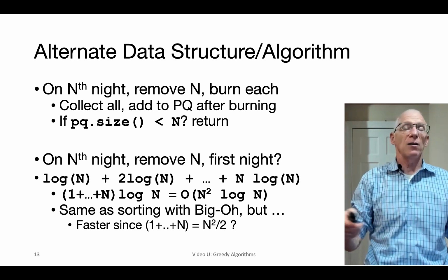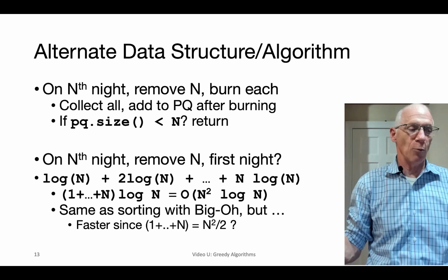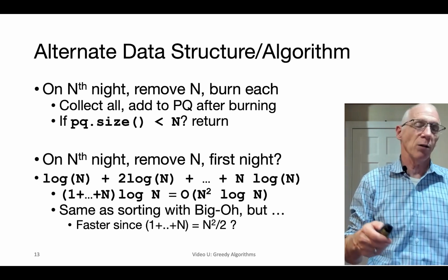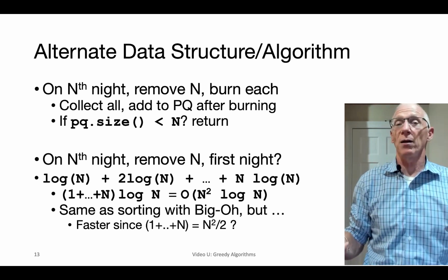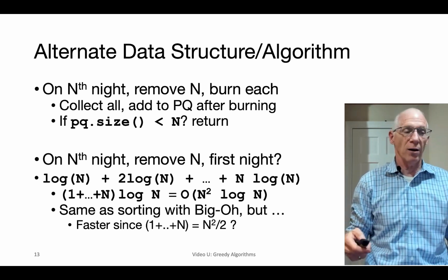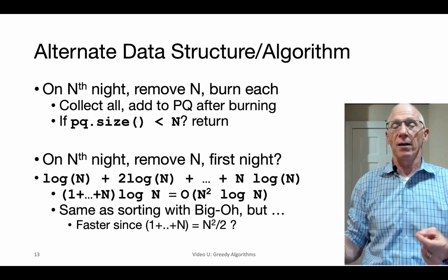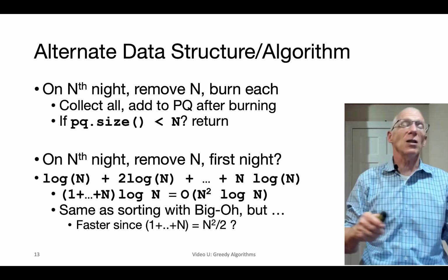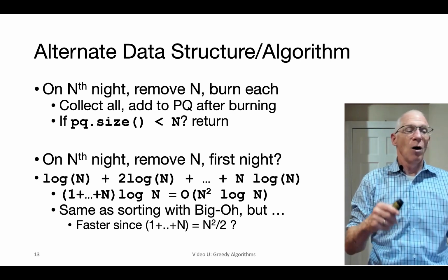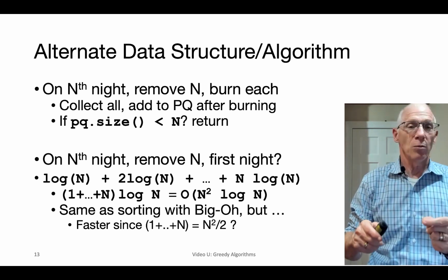If we do some algebra on this equation, we'll see that we can factor out the log n, and we have 1 plus 2 plus ... n times log n. You know that formula with big O is n squared. So in big O, we have n squared log n, the same as the sorting algorithm. However, the sum of the numbers from 1 to n is n squared over 2 plus n over 2.